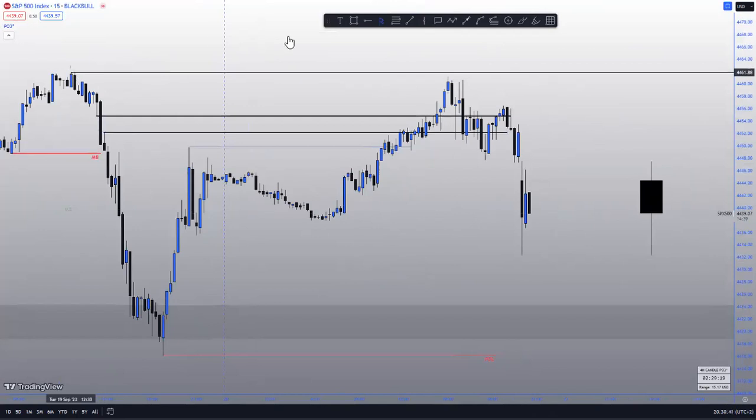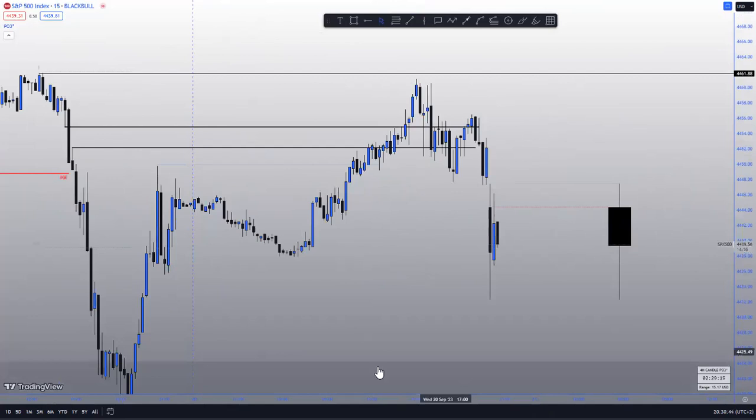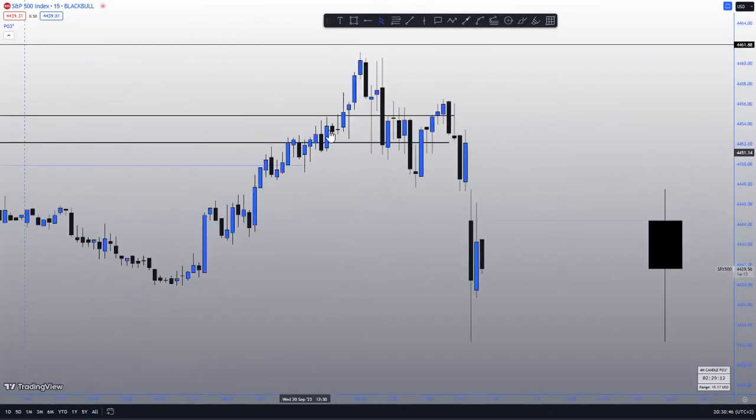So I wanted to see market structure breaking, but that didn't happen when we tapped inside of this, right? Because if we tapped inside of this, we would have wanted to see price coming in, take the sell, and then continue dropping to the downside, but we didn't see that happen.